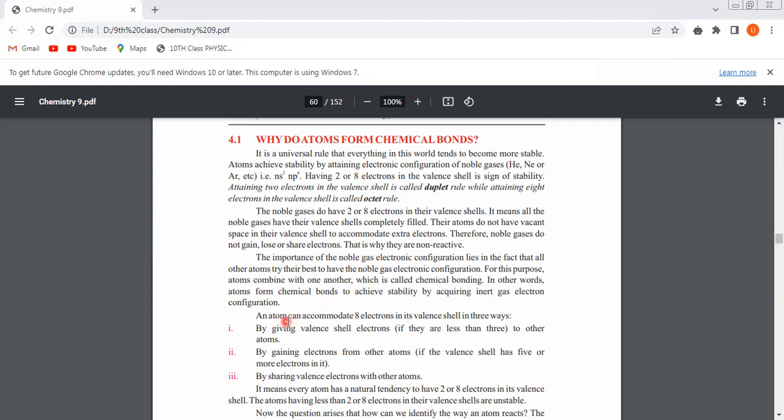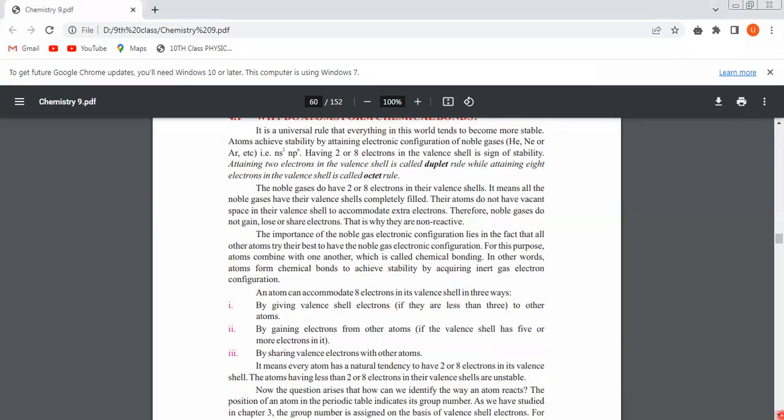An atom can accommodate 8 electrons in its valence shell in three ways: by giving valence shell electrons to other atoms if they are less than 3, by gaining electrons from other atoms if the valence shell has 5 or more electrons in it, or by sharing valence electrons with other atoms. It means every atom has a natural tendency to have 2 or 8 electrons in its valence shell. The atoms having less than 2 or 8 electrons in their valence shells are unstable.